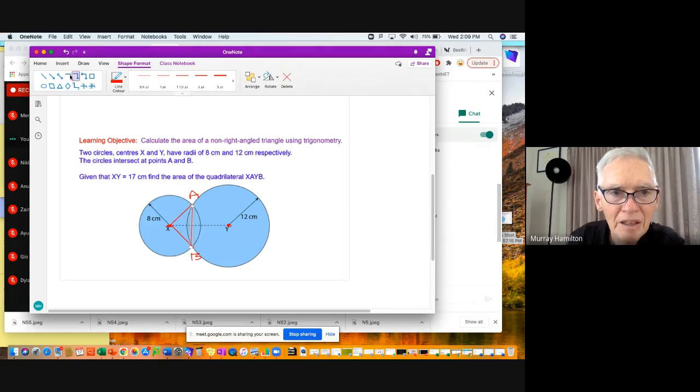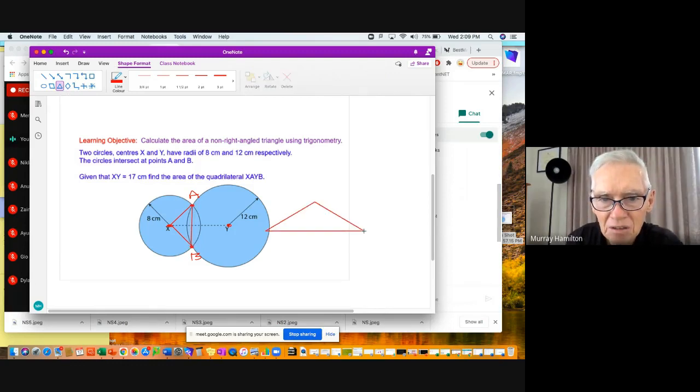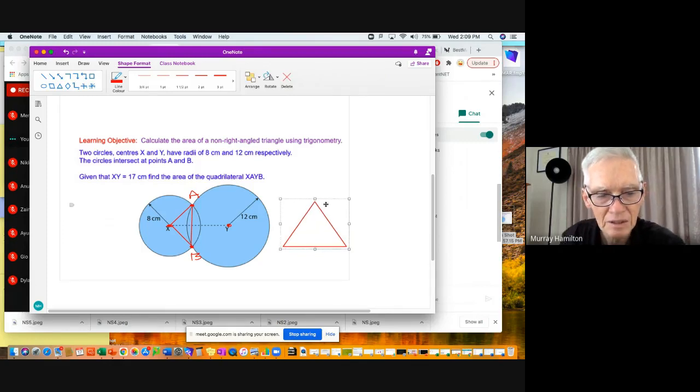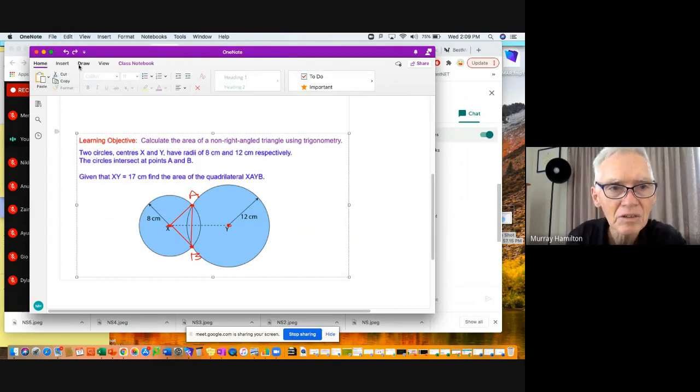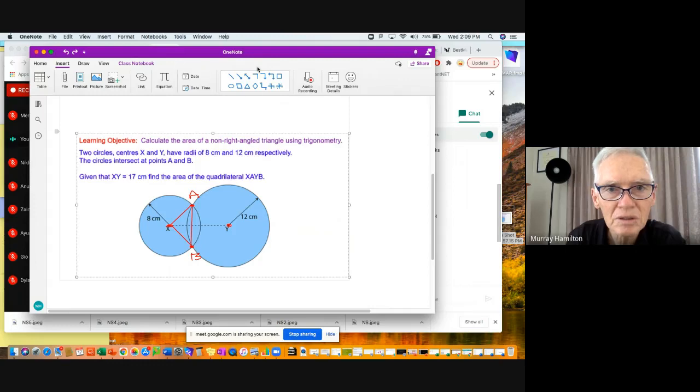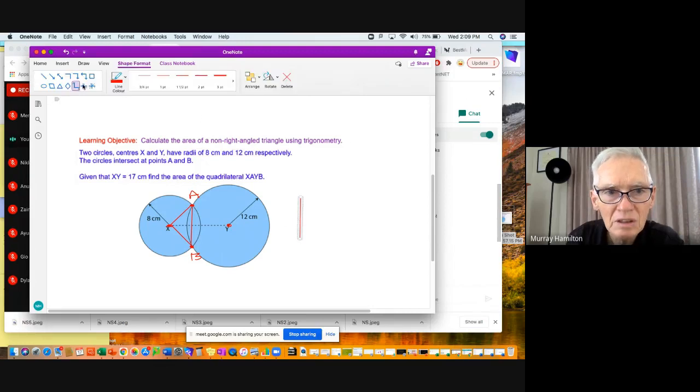So I'm going to now draw that triangle separately and just do a little sketch. So what does it look like? Oh, that'll do. But I need to turn it around. So I wonder if I can, no, Control Z. That won't do it. So I'm going to have to draw it separately with 3 lines, I think, just so it's in the same shape there.